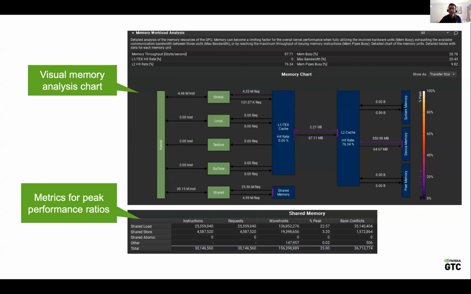And there is this heat map, where the arrows are color coded based on how high the utilization is. You can see that there are a lot of reads happening from the device memory into L2. The detailed metrics used here are shown in the table below, and when you hover your mouse over each of those, it gives you details about the metric and more information on how to interpret it. Next slide, please.